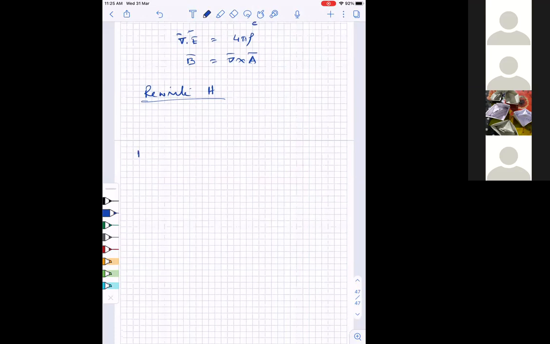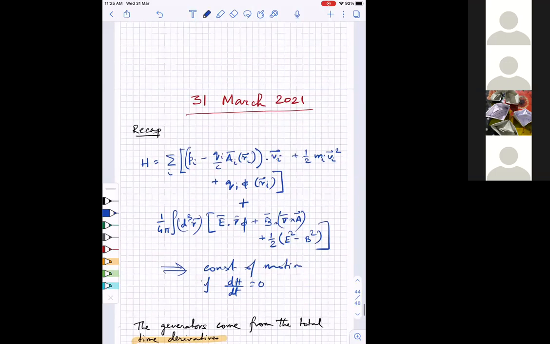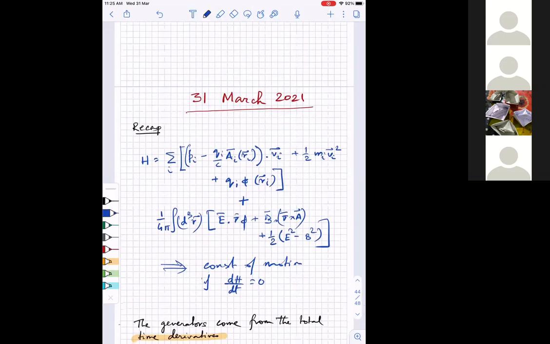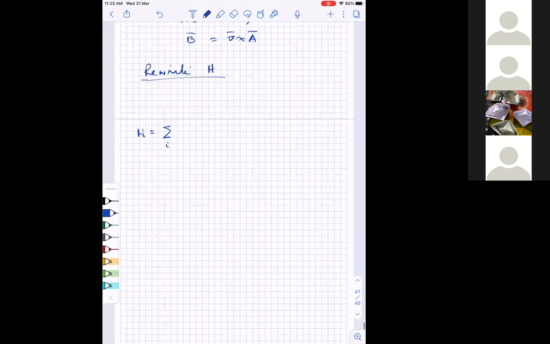So if you rewrite the H, here is the H over here, which has the particle part and the wave part. I'm using the constraint equation over here, so I'm going to use that to rewrite the H. So use those constraint equations in the previous H.